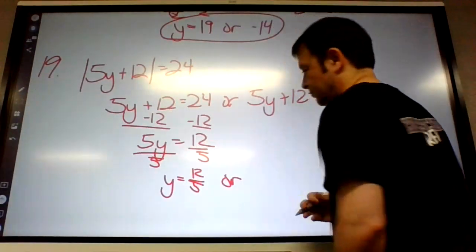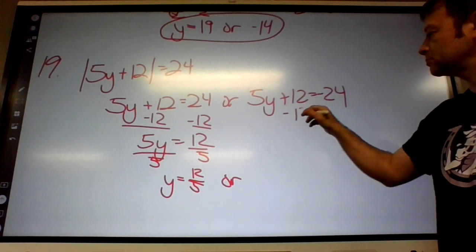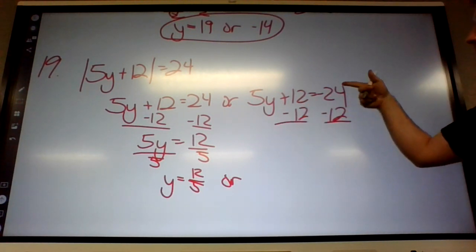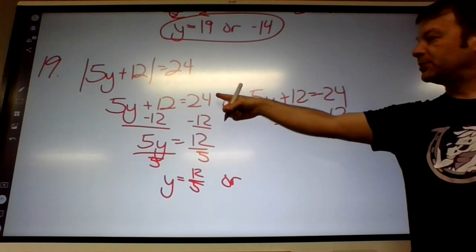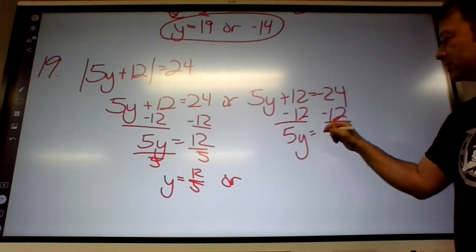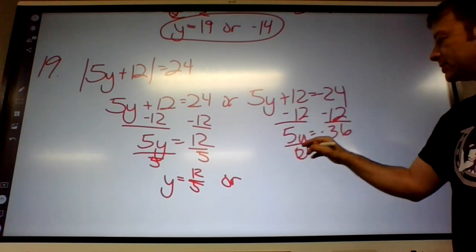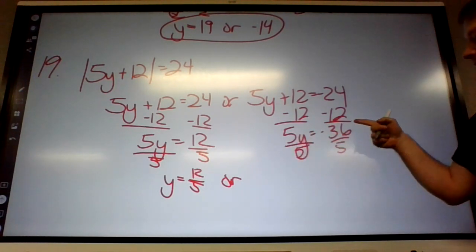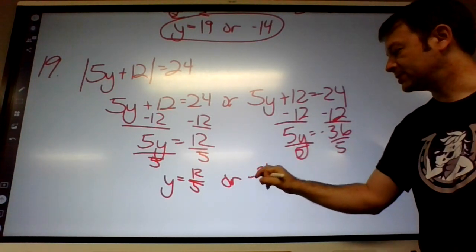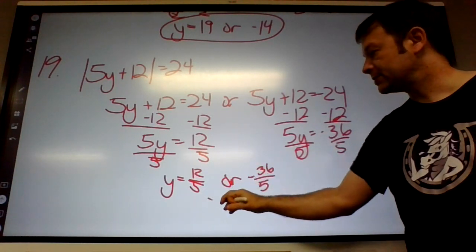Or do the same steps over here, but this time, instead of 24 minus 12, it's negative 24 minus 12, which is negative 36. So it'll be negative 36 divided by 5, or negative 36 fifths.